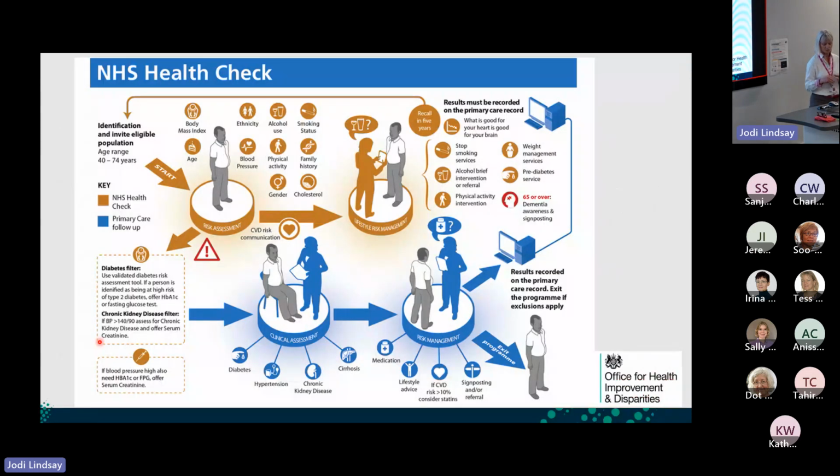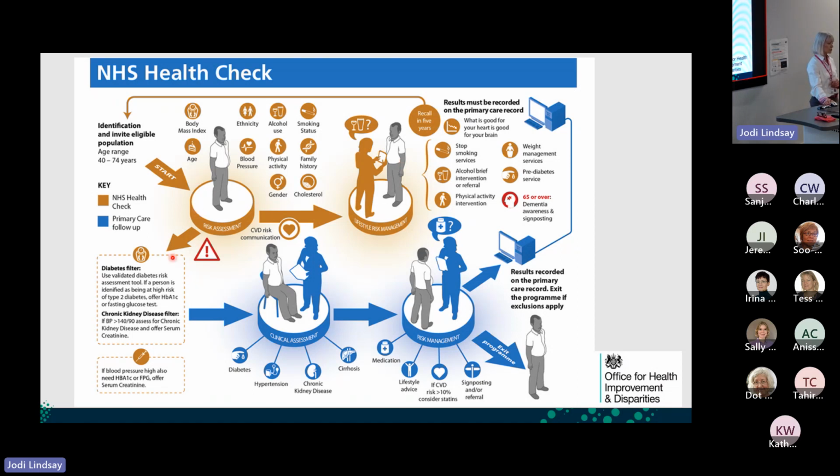So I'm going to tap into a little bit about the NHS health check, because we had a meeting earlier this week with the Office of Health Improvement and Disparities about this particular pathway. People are now invited to attend at a particular age, given here as 40 to 74 years, to participate in the health check, which I'm not going to go into great detail about, but it has the usual measures of age, ethnicity, blood pressure, cholesterol, sex, to get a risk assessment, and then some advice about lifestyle modification if required.